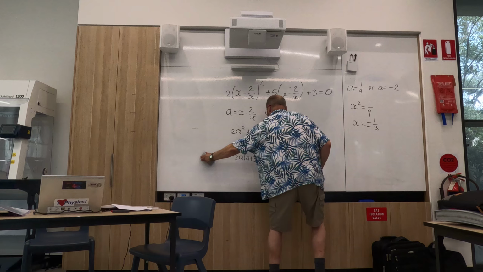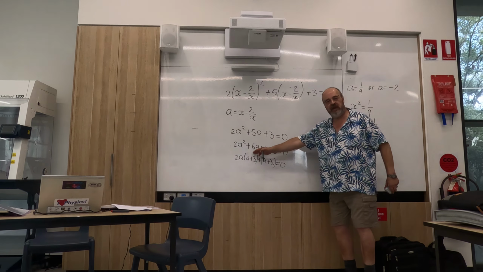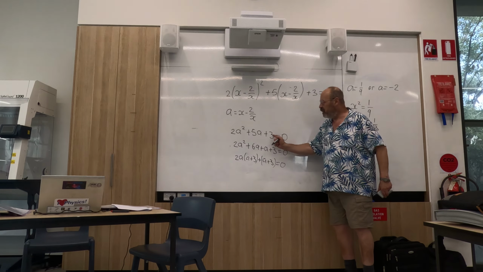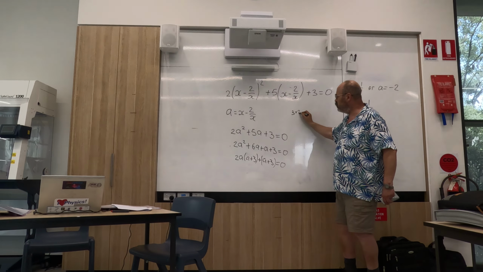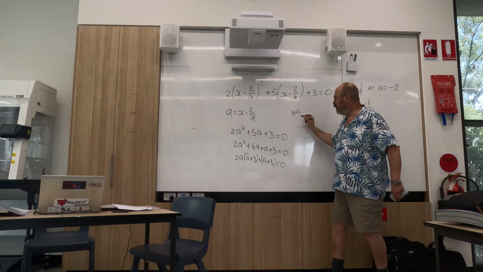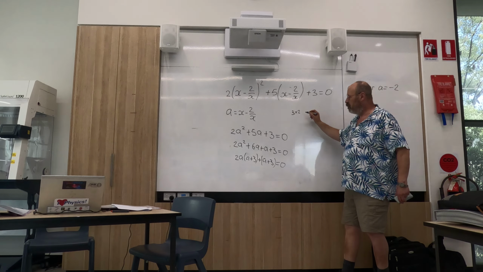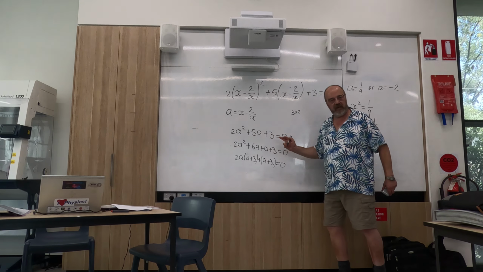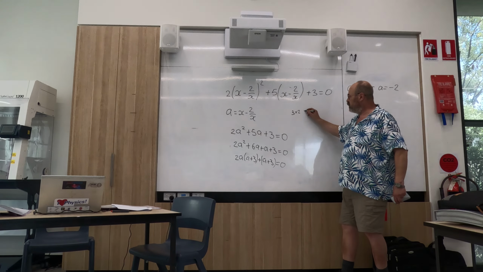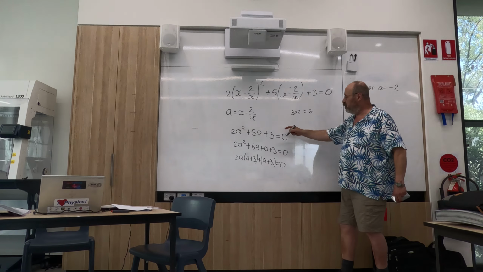Mr. V, I don't get how you got plus. How I got this? I multiplied 3 times 2, which equals 6, and this is 5.